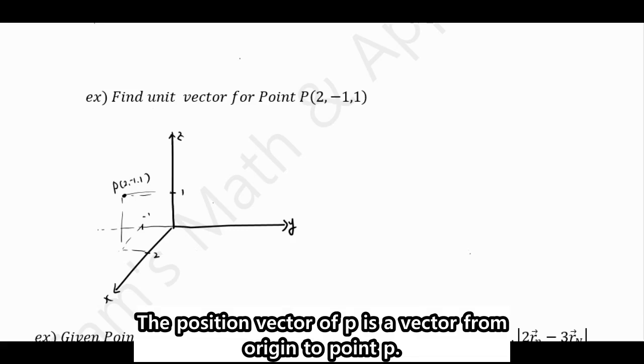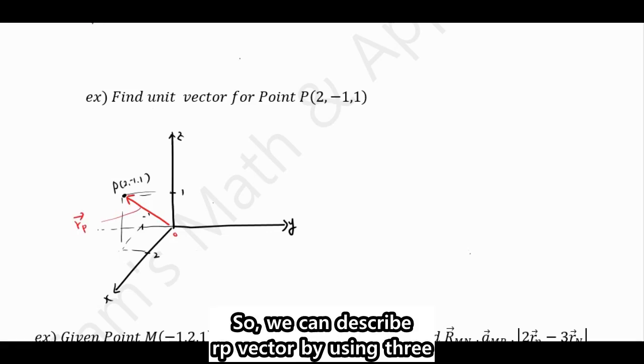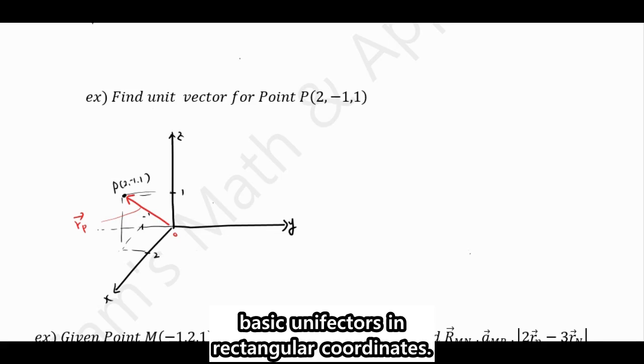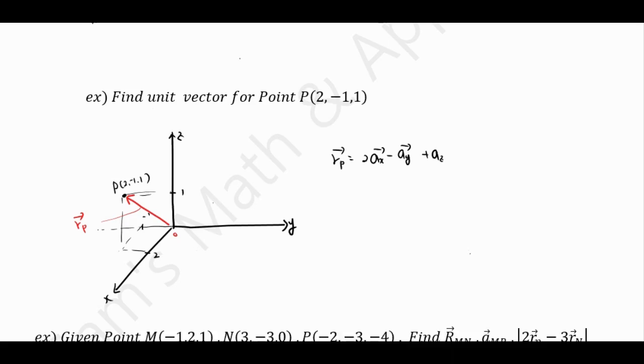The position vector of P is a vector from the origin to point P. This is the Rp vector. So we can describe the Rp vector by using three basic unit vectors in rectangular coordinates. The Rp vector is 2ax minus ay vector plus az vector.